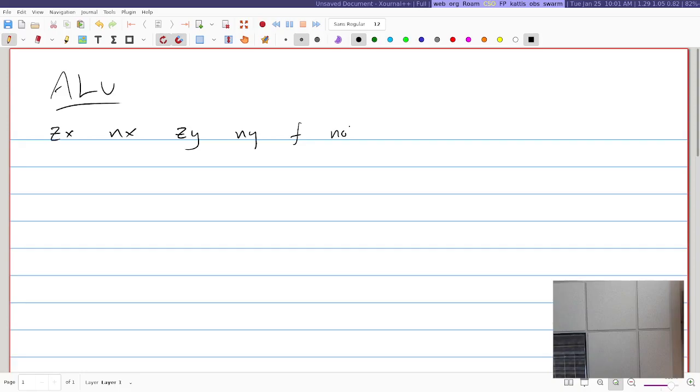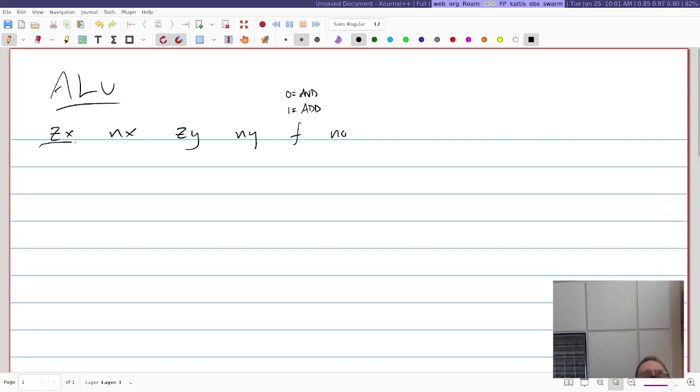Similarly for y. And then f tells us, I think 0 is and, and 1 is add, I believe. Does anyone know offhand if that's correct? That sounds good. Okay. And then no is: do we invert the output after the operation is done.